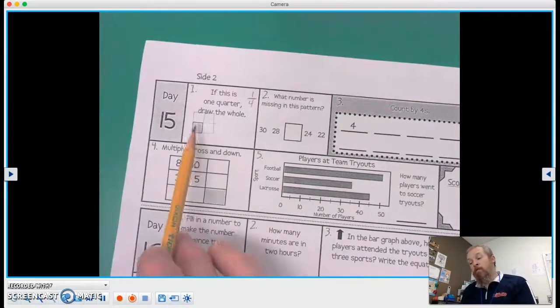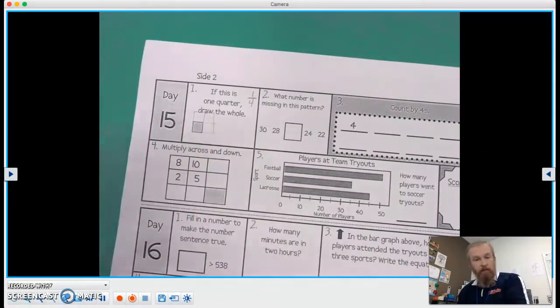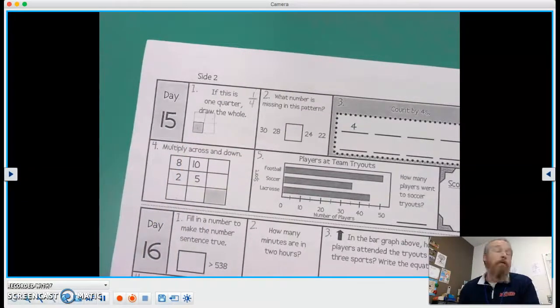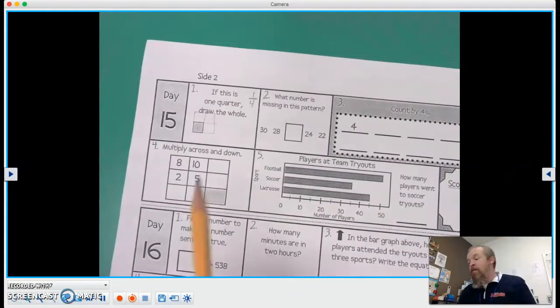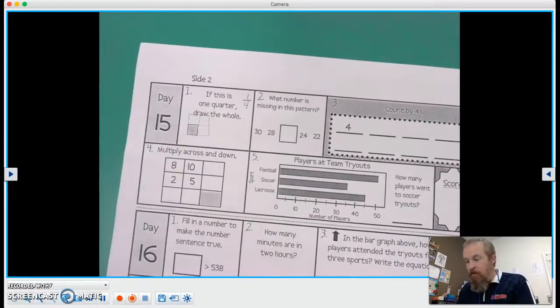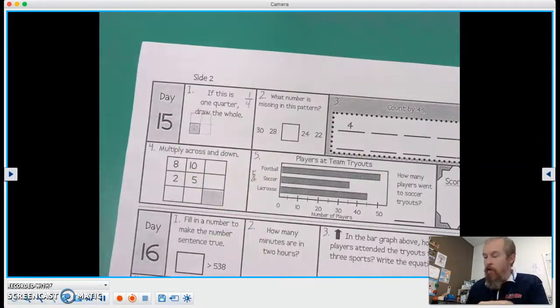That would be the whole. It would be 4 of those total. So 1, 2, 3, 4. Either way, pretty good to go. You can make it as long as there's 4 of these total that are anywhere close to the same size. So 4 of these all together, and there's 1 there for you. Doesn't matter if they're in a line, up and down, like in a square, whatever's fine.